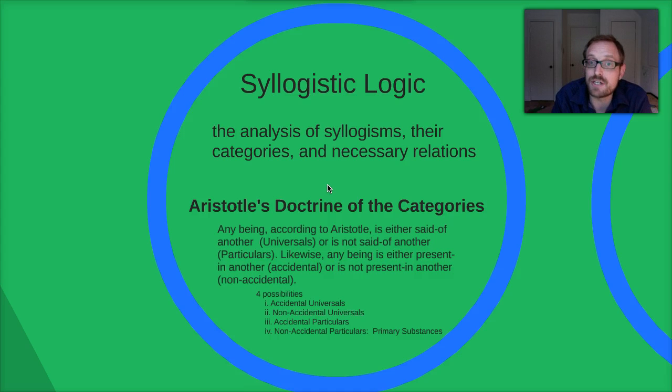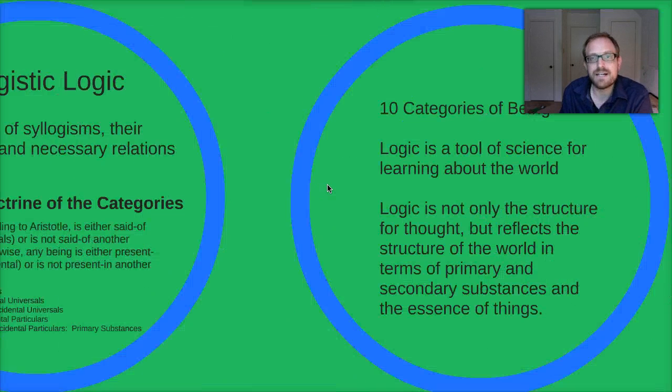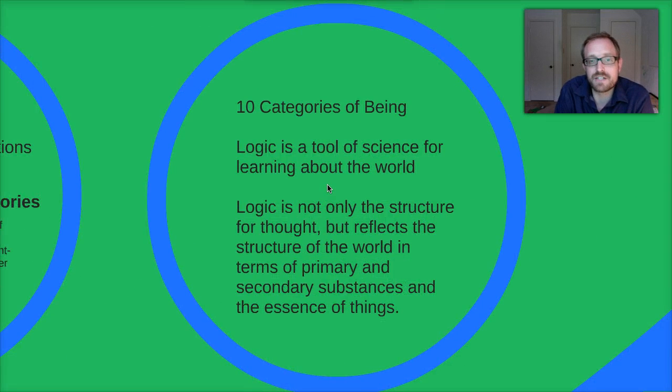But the doctrine of the categories is quite critical because what it argues is that ultimately science is organized according to the way in which our categories are organized in logic. So this has huge ramifications in terms of Aristotelian science.